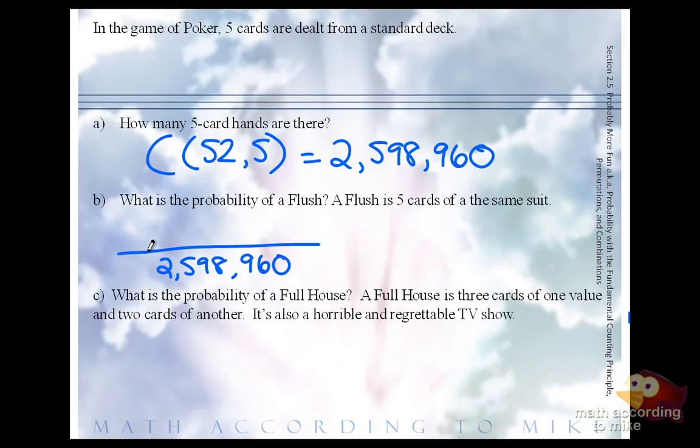All right. Number of ways of getting 5 cards of the same suit. How many cards are in each suit? 13. And if we want a flush, how many of those do we want? 5. So of the 13 cards, we want to pick 5.